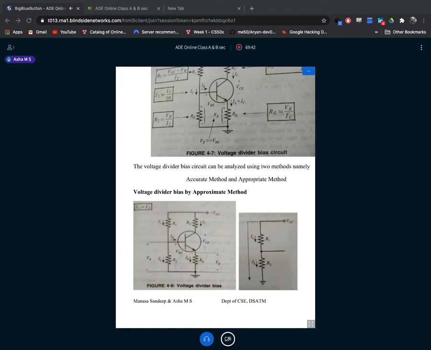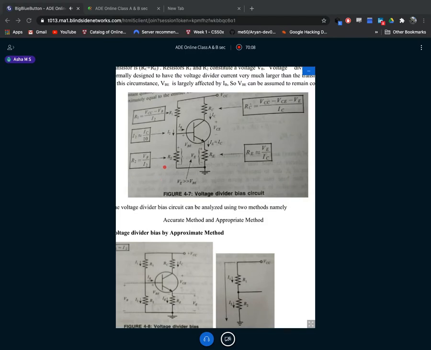Now let's see the approximate method, how to derive the operating point using the approximate method. You have to write the approximate method diagram and the accurate method diagram. If you want to write the general diagram, you can just leave out all these formulas.